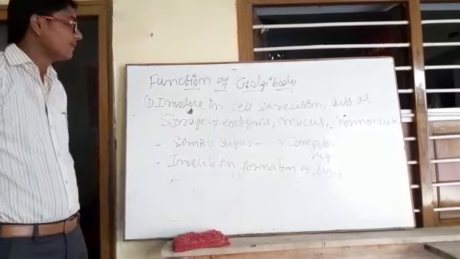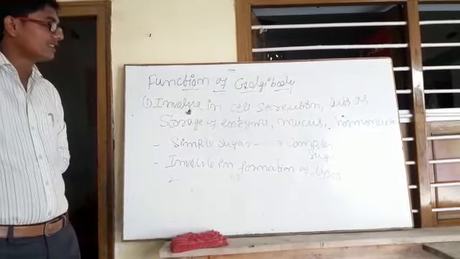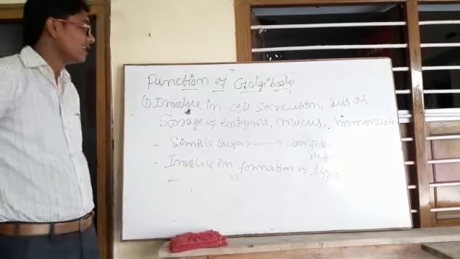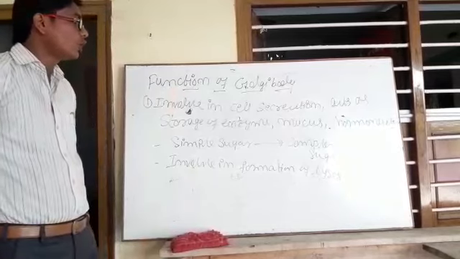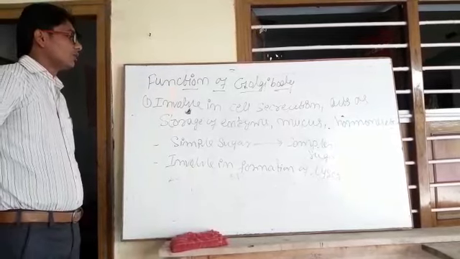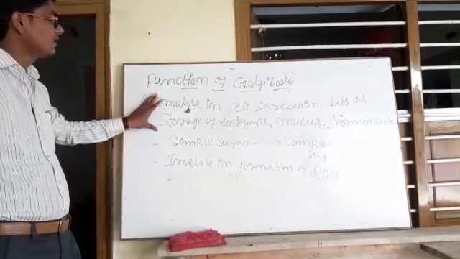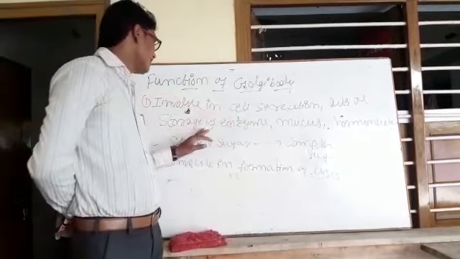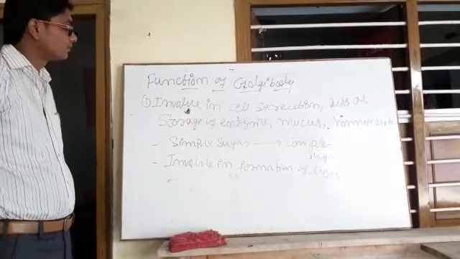First of all, the materials, that is mucus, enzyme and hormone, that are secreted by Golgi body, are stored within a cell with the help of Golgi body. First function is cell segregation, acting as a storage of enzyme, mucus and hormone.